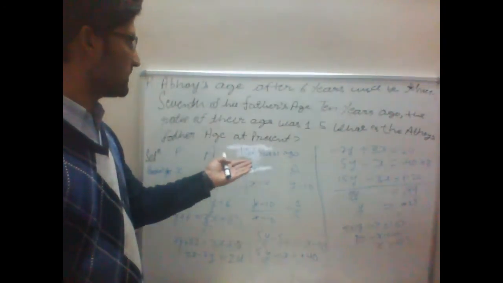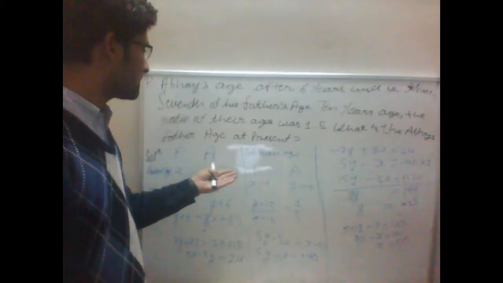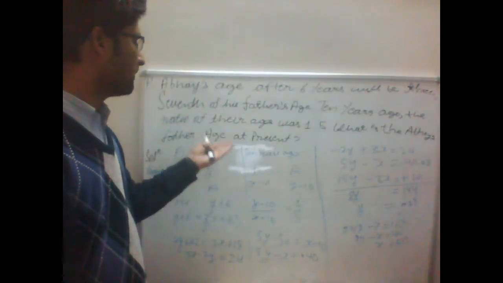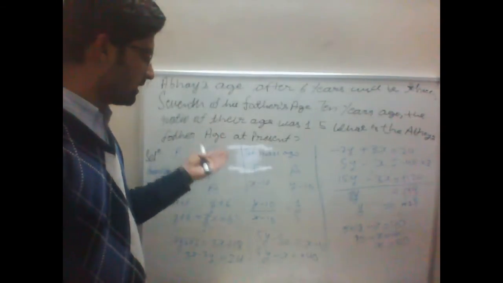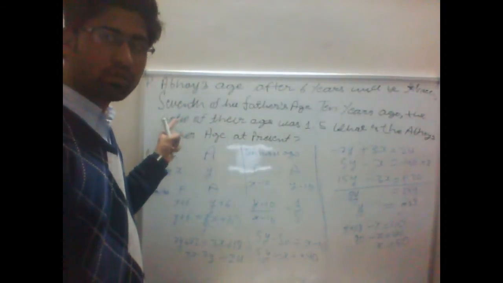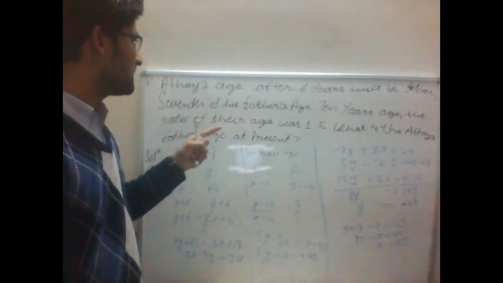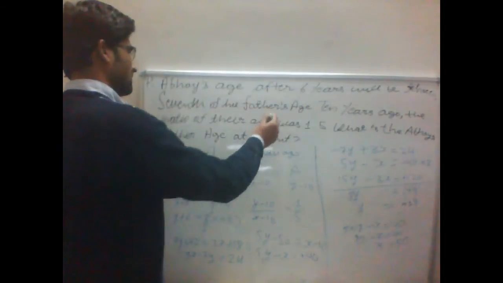Now what is the second statement saying? 10 years ago, what will be the ages of the father and Abhay? Father's age will be x minus 10. Abhay's age will be y minus 10. Here also, just for confusing the students, it is saying that 10 years ago the ratio of their ages. Got the point?